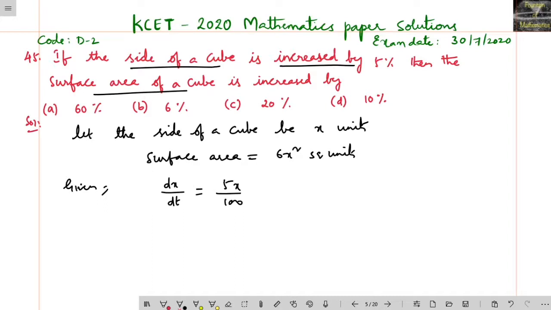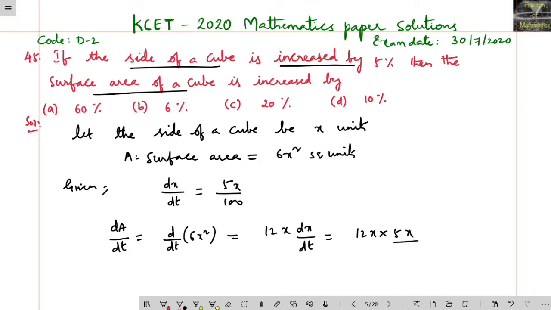Okay, and now the surface area of a cube is increased by, so let me write this surface area, let me take this as A. So now dA by dt is equal to d by dt of 6x square, which is equal to 12x dx by dt, that is 12x into dx by dt is 5x by 100.